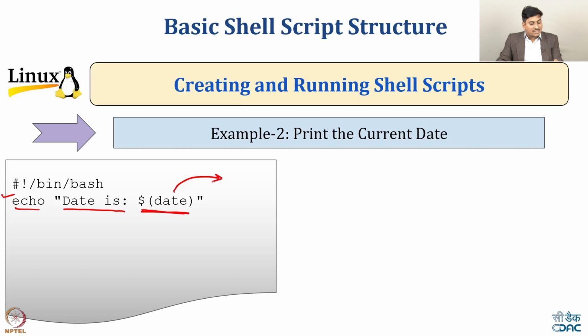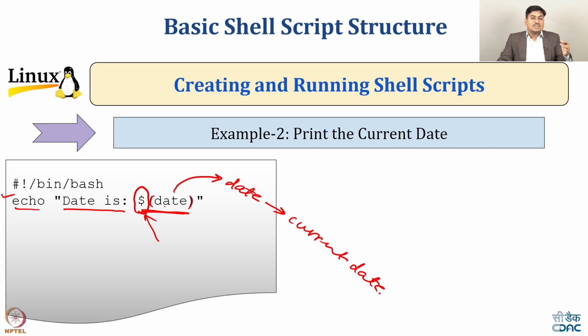Date is the command in Linux which gives the current date. Whenever any keyword is followed by a dollar sign and within brackets, it means the interpreter should understand that now I want to execute that particular command.